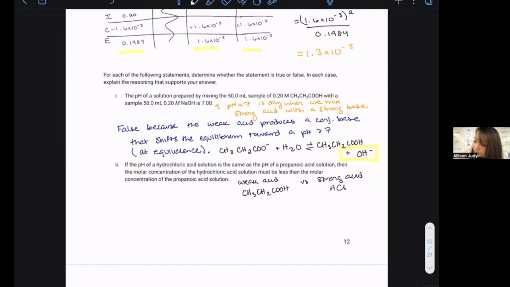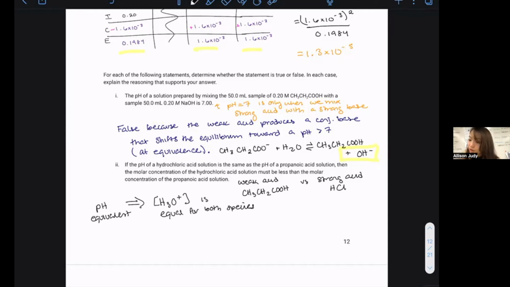Well, an equivalent pH means that the presence of H3O plus is equal for both species. Now, that means that both species have to be producing an equal amount of H3O plus.